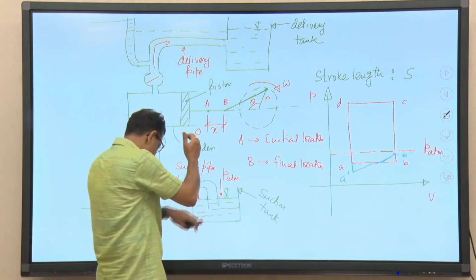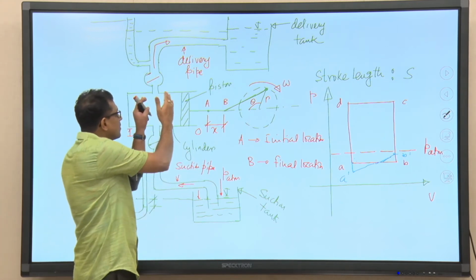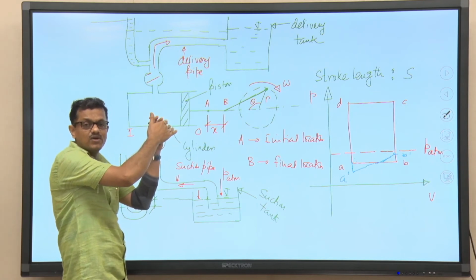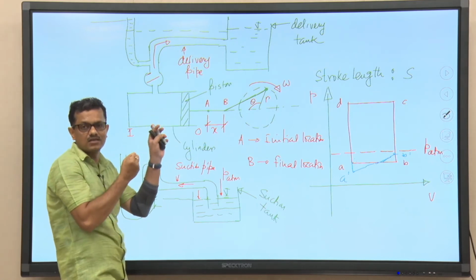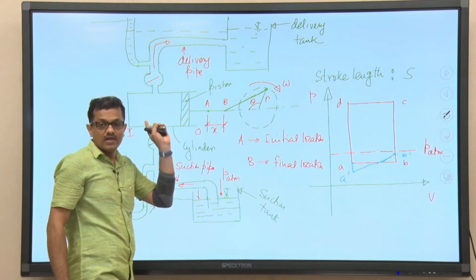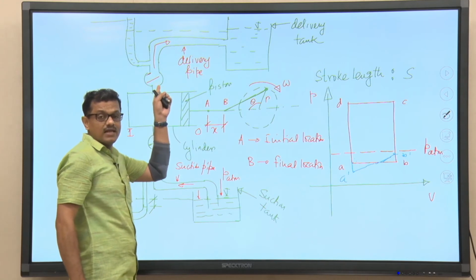The piston will move towards the inner end of the cylinder, and the liquid accumulated during the suction stroke will experience a thrust created by the piston. The delivery valve is also a mechanical element.